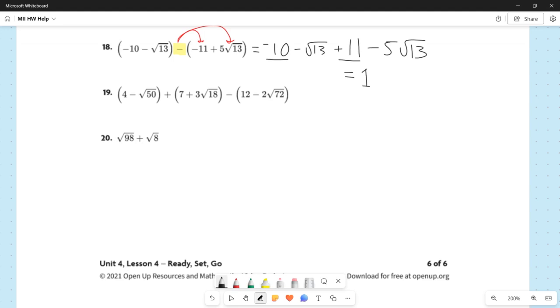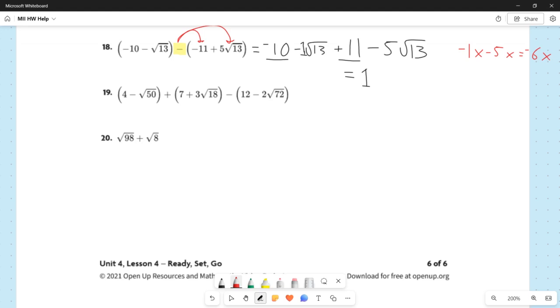For the irrational parts, we have negative root 13 minus 5 root 13. And again, if you treat the square root as an x, there's no number in front of the first root 13, but there's an invisible 1. There's always an invisible 1 anytime you have a term like this. And so this is really 1 times root 13. So we have a negative 1 minus 5. And if you think about what this would look like with x's, negative 1x minus 5x is going to equal negative 6x.